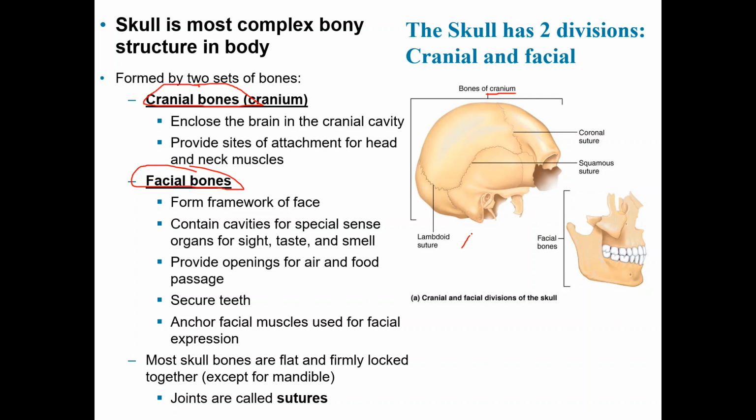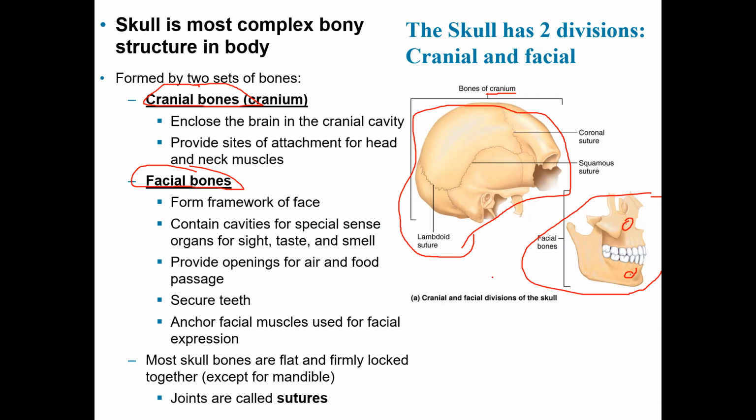The cranial bones are these ones, and all together form a cage that encloses the brain and forms the cranial cavity, and also provide attachment for head and neck muscles. The facial bones form the framework of the face and contain many cavities, and many foramens as well.